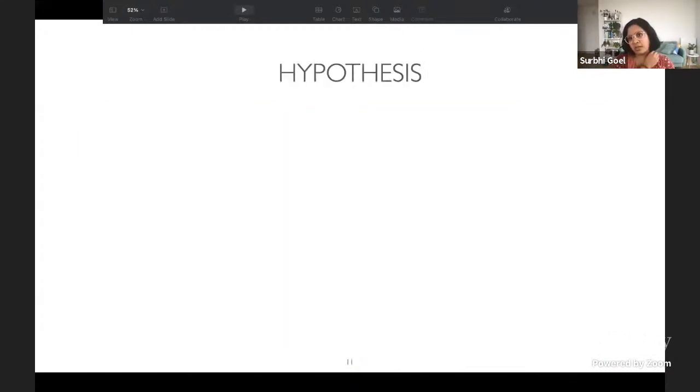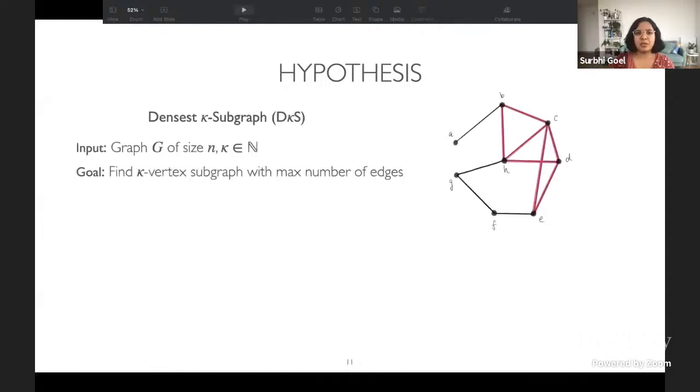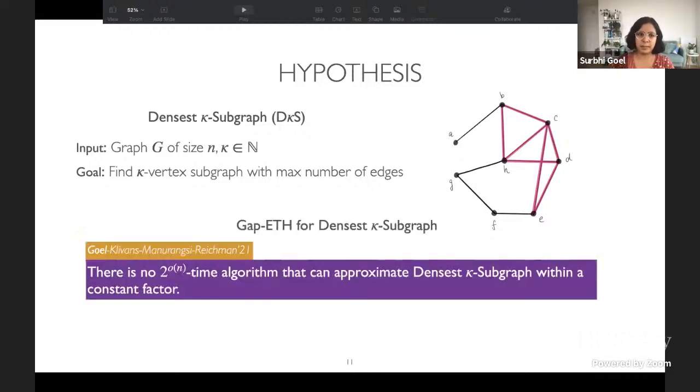So what is this hypothesis that we consider? We look at the problem of densest kappa subgraph. So this is the problem where you're given a graph of size n, and there's a parameter kappa that you're given. And you want to find the kappa-vertex subgraph which has the maximum number of edges. So here in the picture, you can see that the edges highlighted in pink are the subgraph of that size that I can find which has the maximum number of edges.